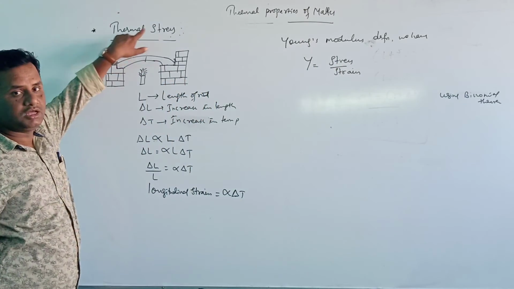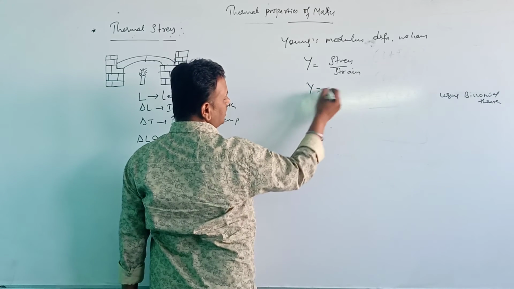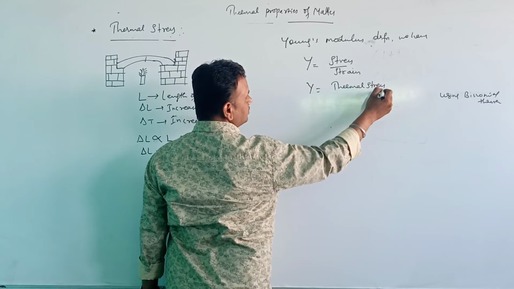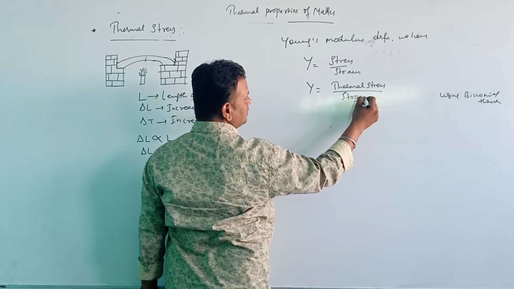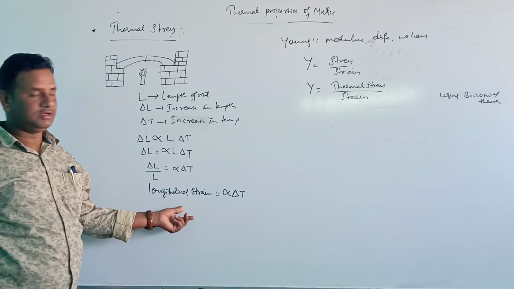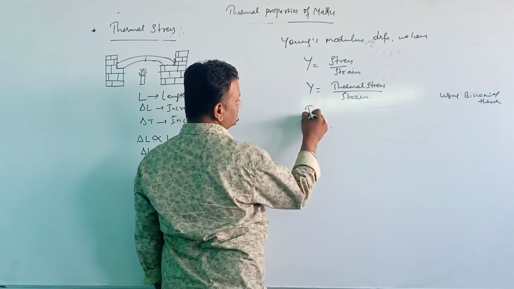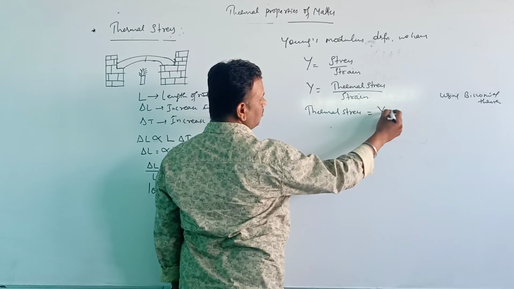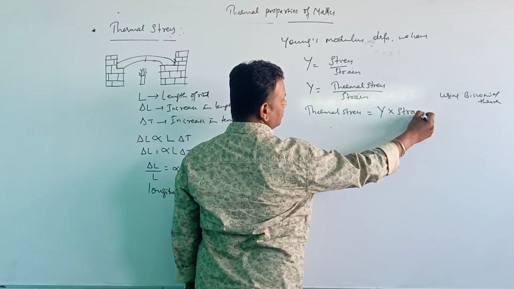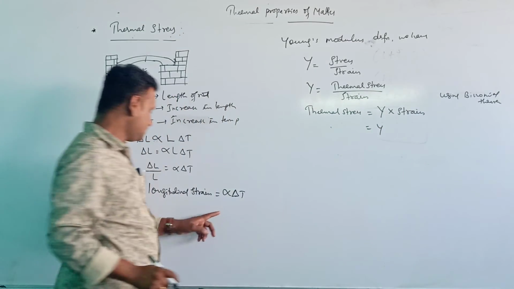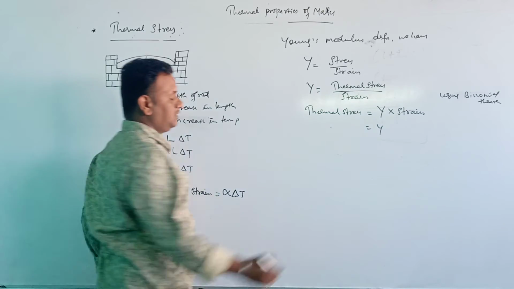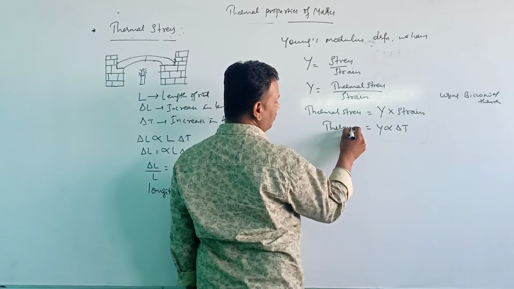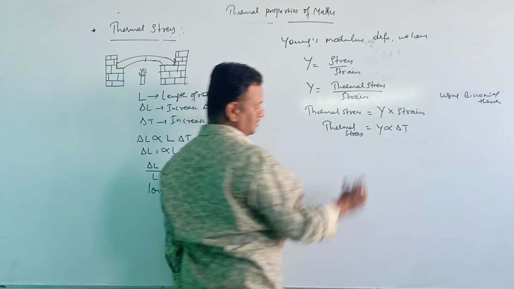It is thermal stress. So we are writing Young's modulus is equal to thermal stress by strain. What is strain here? Longitudinal strain. So therefore thermal stress is equal to Young's modulus into strain. Y times strain means Y alpha into delta T, which is the required expression for thermal stress.